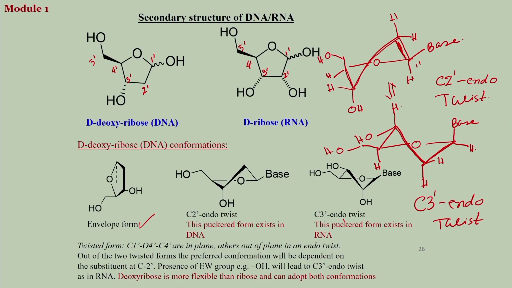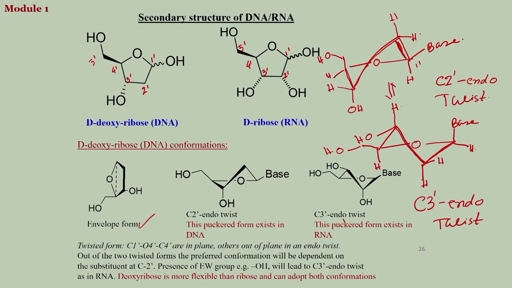So, out of this, which one is more favorable? If you look at the DNA, and there is another factor that I will talk about. So, C2' endo twist, which is this form, will be the predominating or favorable form for DNA, because although this is axial position, the nucleobase present here is better off.